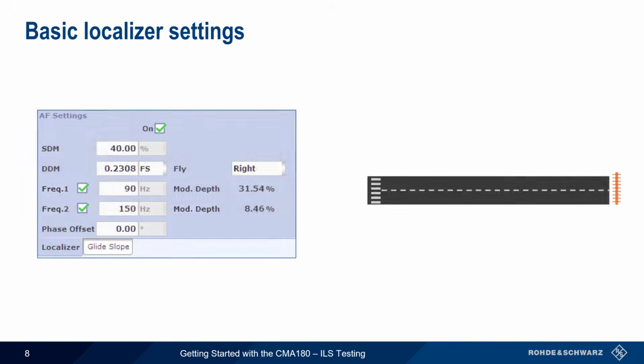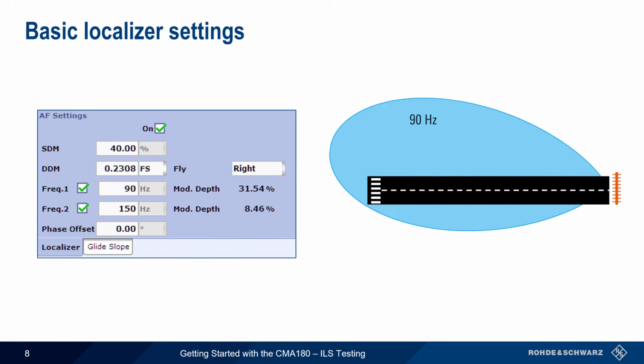By default, the CMA180 generates both the 90 Hz and the 150 Hz lobes of the localizer signal. It is, however, possible to uncheck either of these boxes and have the CMA generate only one of the lobes. The frequency of each lobe can be changed individually, and the phase offset defines the phase difference between the signals in each lobe.